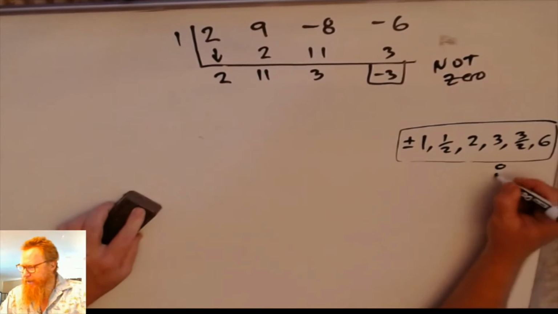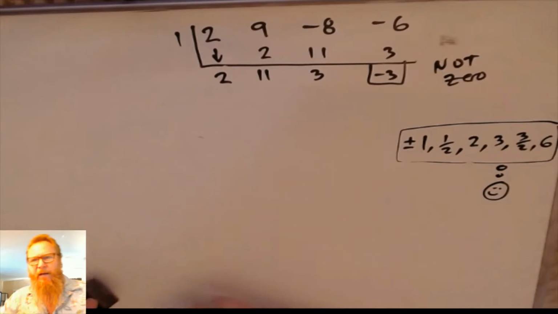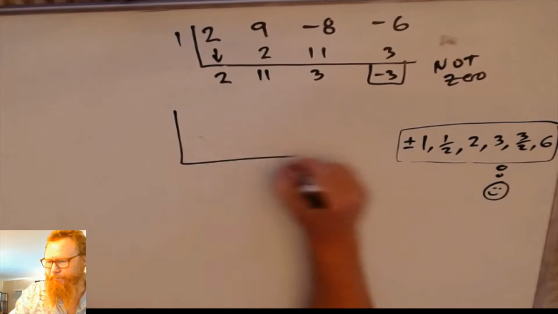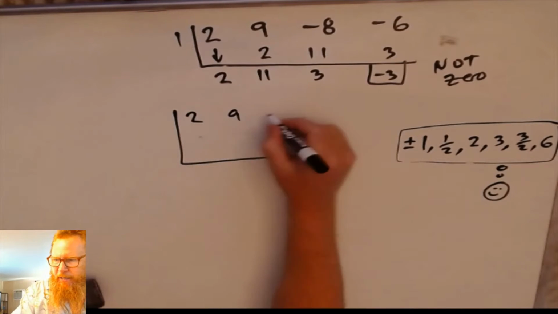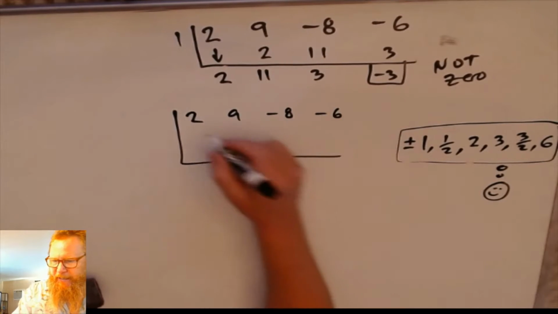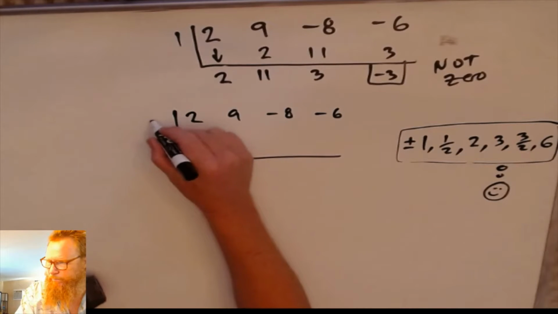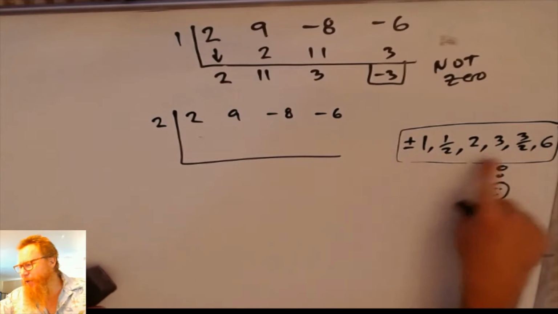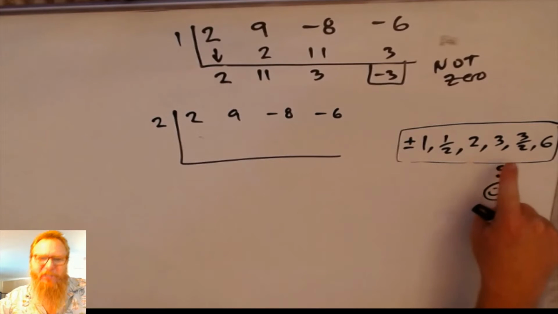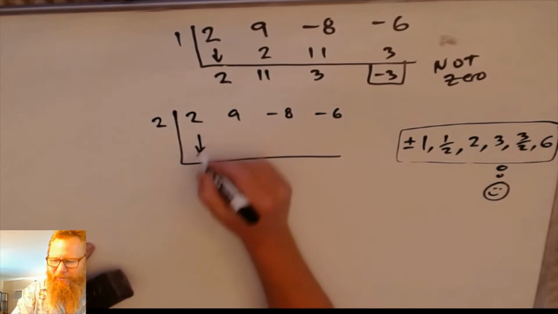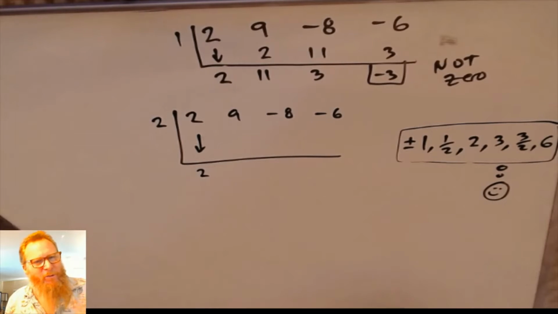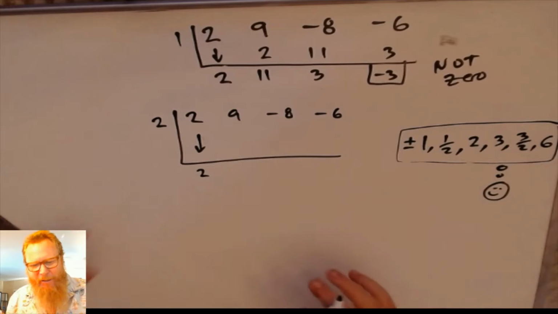I'm just going to save my little list here so I can keep that in mind as I'm doing it. Let's try this again. 2, 9, -8, and -6. So let's try 2. I usually try the whole numbers first, or the integers, and then I go to the fractions. If none of the integers work, then I usually go to fractions.